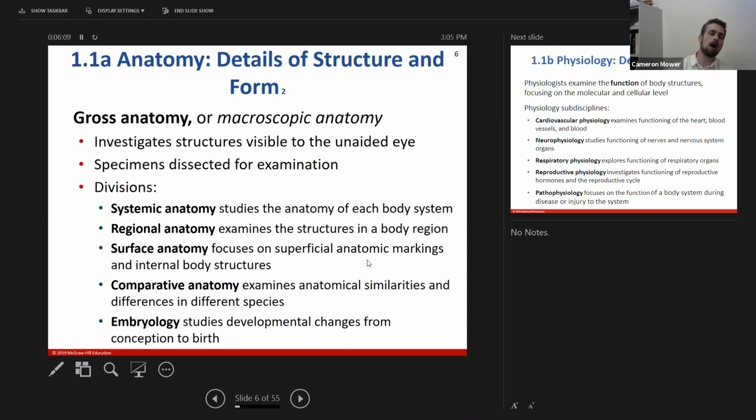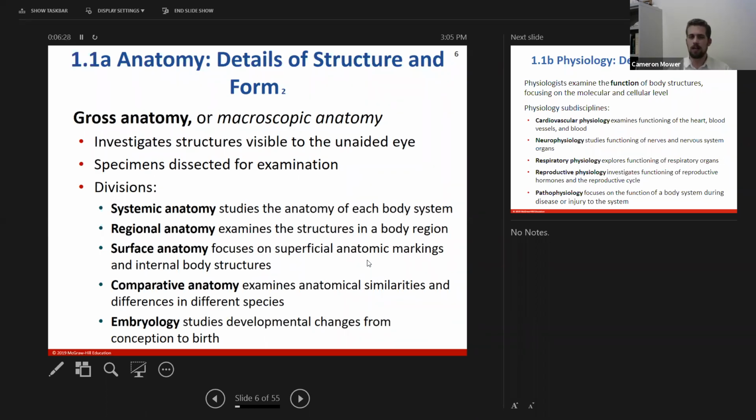Anyway, and then embryology. Embryology is really kind of interesting, and it's not really apart from regular anatomy. Embryology is important, and it's definitely a very integral part of the study.